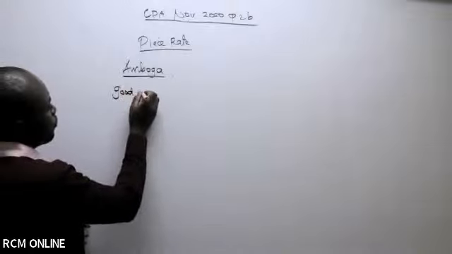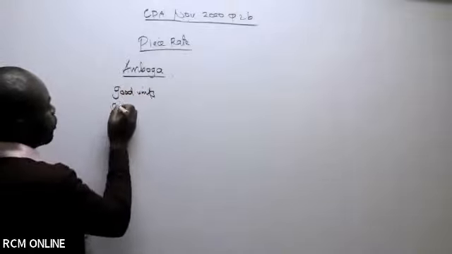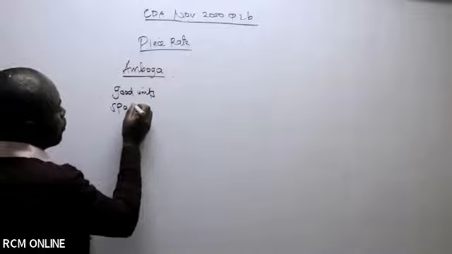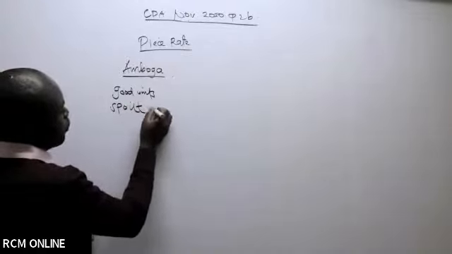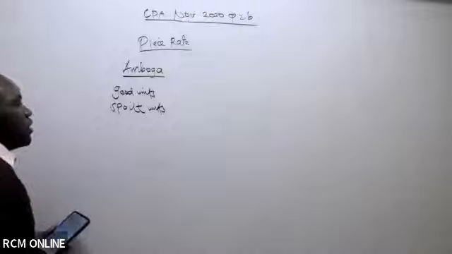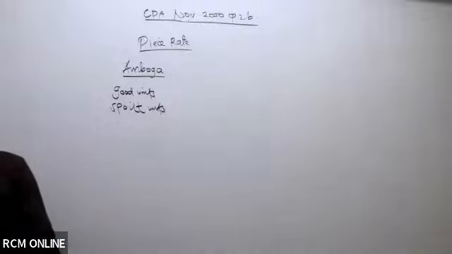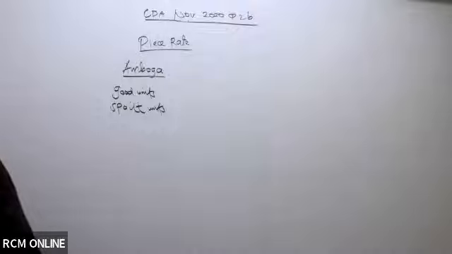Good units, then we have spoiled units. So can someone give me good units for Amboga? Total is 2,000, spoiled is 200.